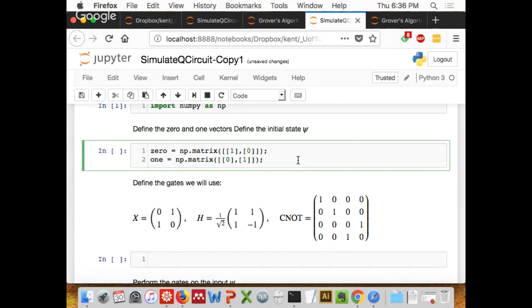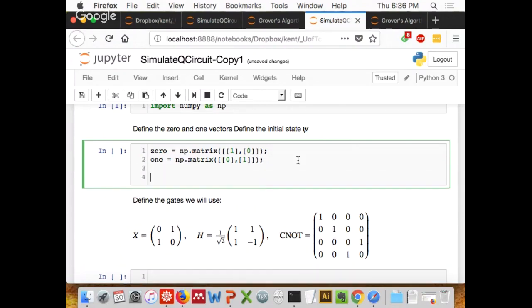Okay, and at the same time, let's set up what our initial state was going to be. So remember, we were starting with both qubits in the 0 state, but we want to write them as a joint vector. So I'm going to call the input state psi, that's that Greek letter, and we're going to use the np.kron.